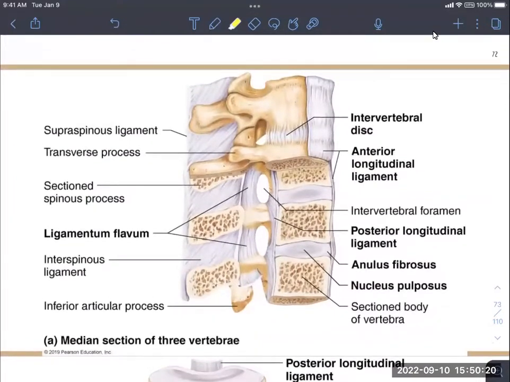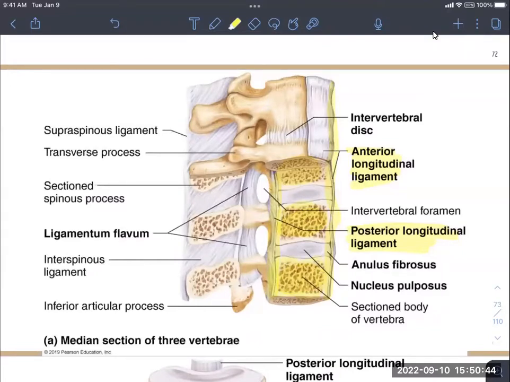Our anterior longitudinal ligament, as I stated, goes along the front of the entire vertebral column. The posterior longitudinal ligament follows posterior to the vertebral bodies. We're going to go through those in a few minutes.